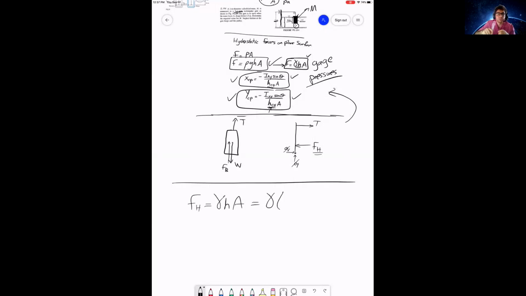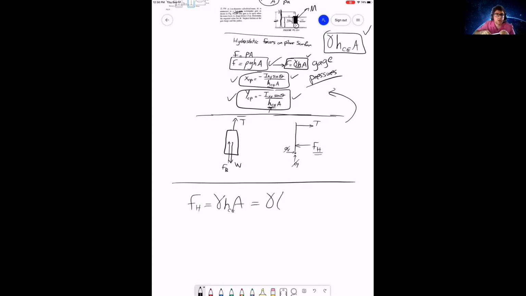Okay, so for this formula, gamma HA, it's gamma HCG A, like that. I just forgot to write CG down there. So how would you calculate the force? You use this formula, gamma HCG A. Okay, right, so I should write down HCG right here.